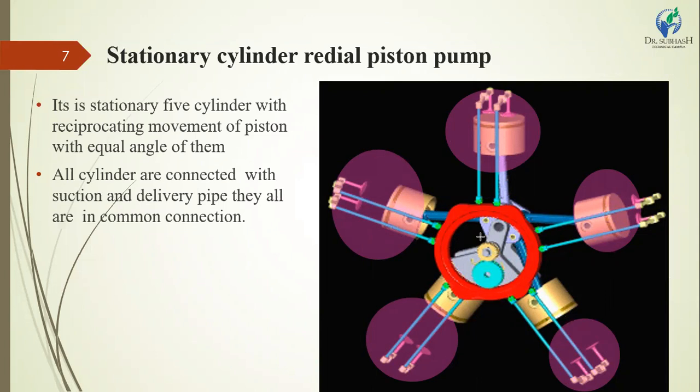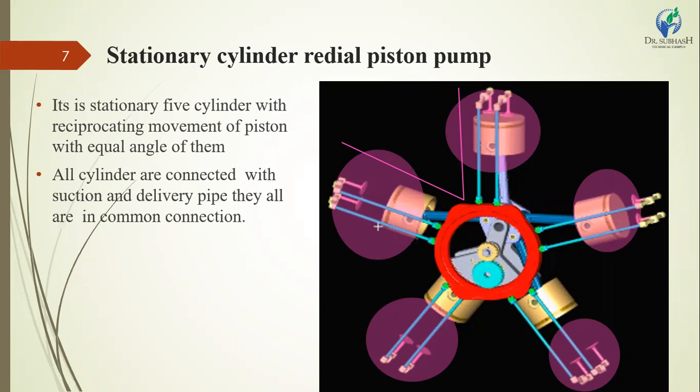The angle between any two cylinders is the same for all 5 cylinders, connected in a coplanar condition. Totally, there are 5 pistons, one reciprocating inside each cylinder.